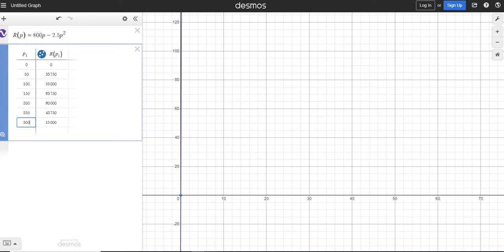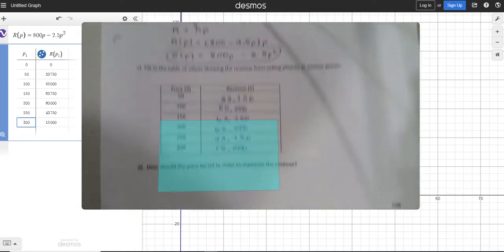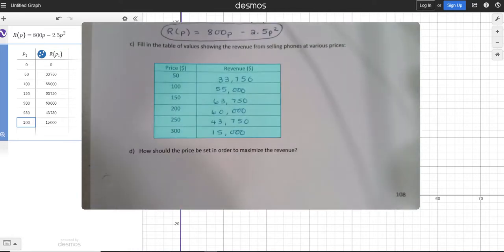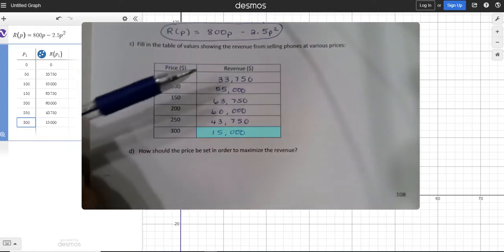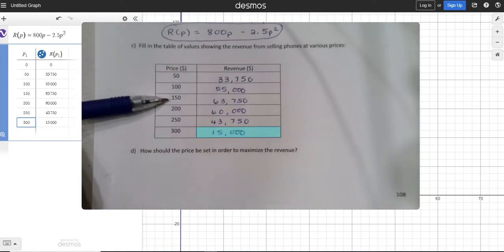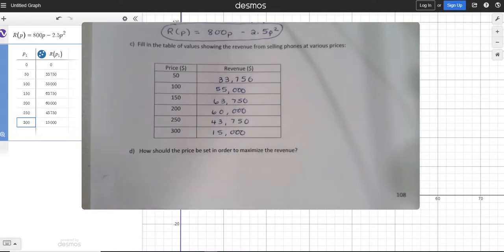All right, so there are the values for the specific prices that we were asked to find. So the next question is, how should the price be set in order to maximize the revenue? Now, be careful with that question, because if you're just looking at the table numerically, you might automatically go to that $150 because it does have the largest revenue on the table.